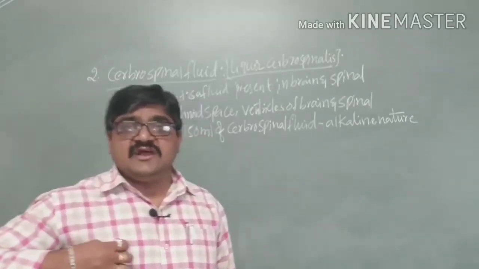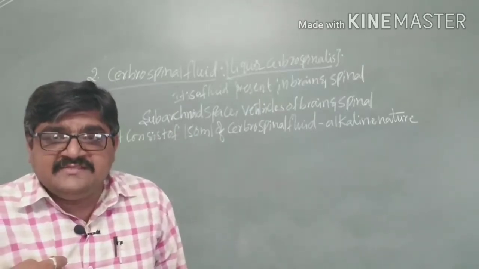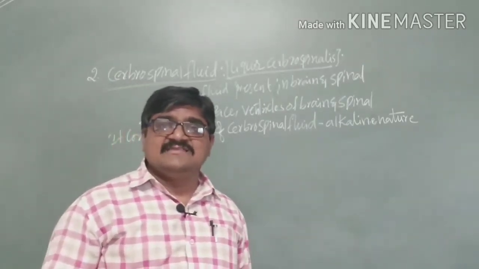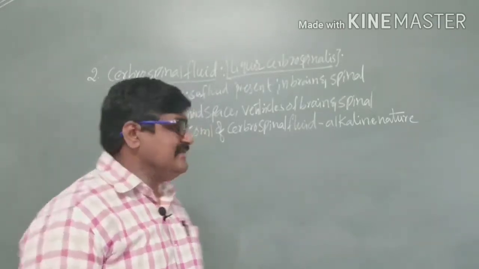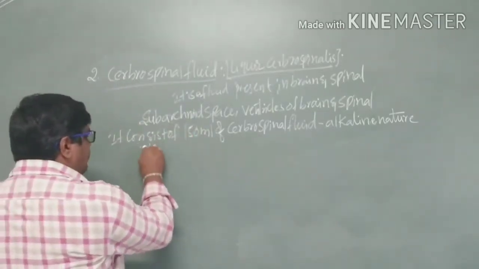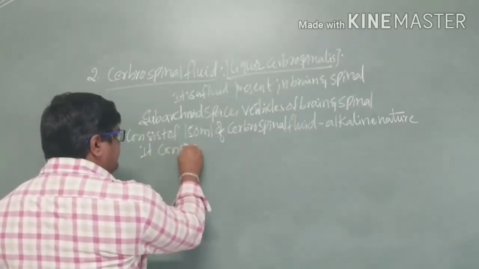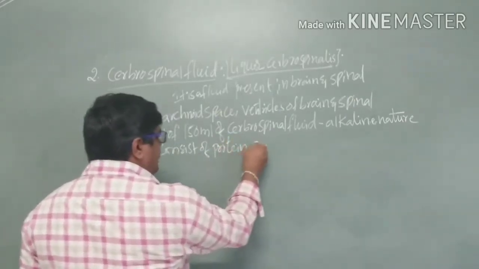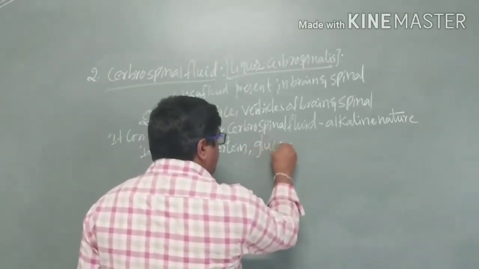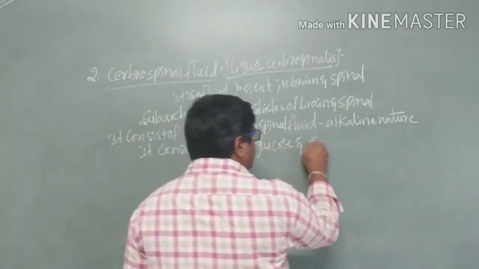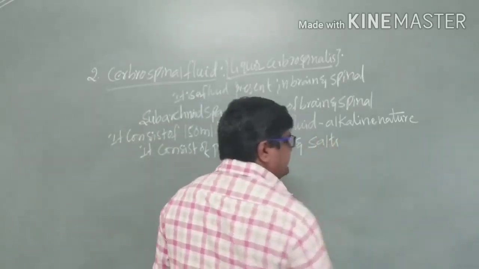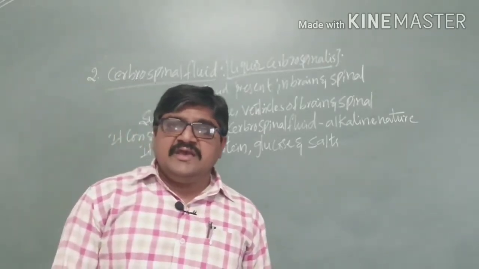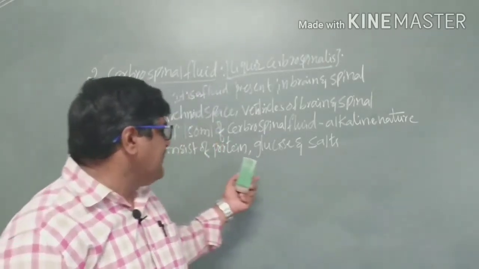It also consists of proteins, glucose, and some salts, such as sodium, potassium and chlorides. All these are present in the cerebrospinal fluid.